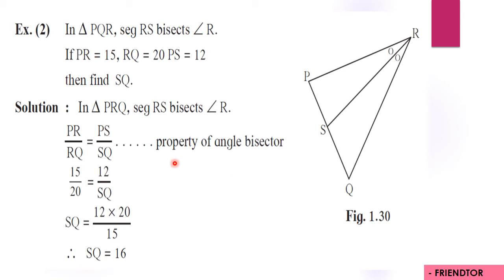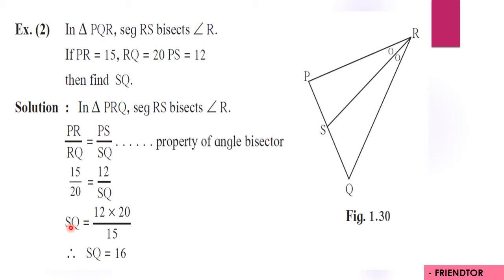Writing it completely will help you out. Now PR is 15, RQ is 20, PS is 12, and SQ is unknown. Substituting the values, you multiply the denominator to the other side, so SQ here and 20 goes there, dividing by 15 on both sides. Here they have skipped one step. You can add that step in between according to your convenience.